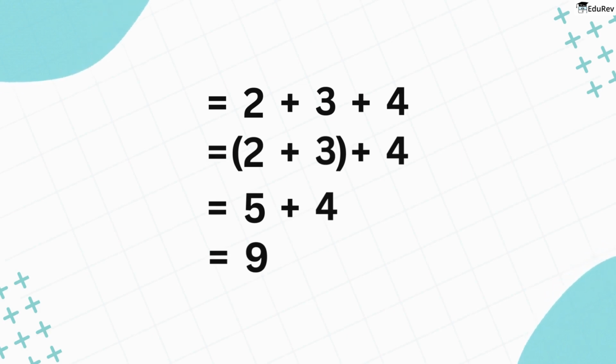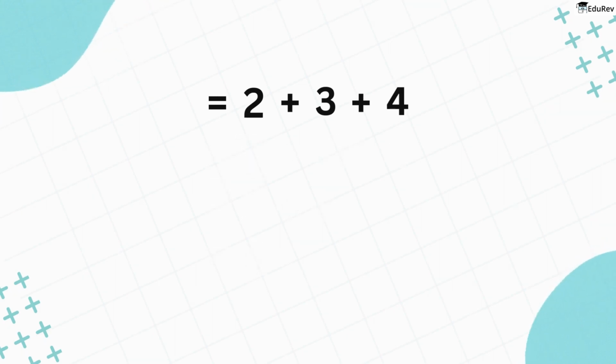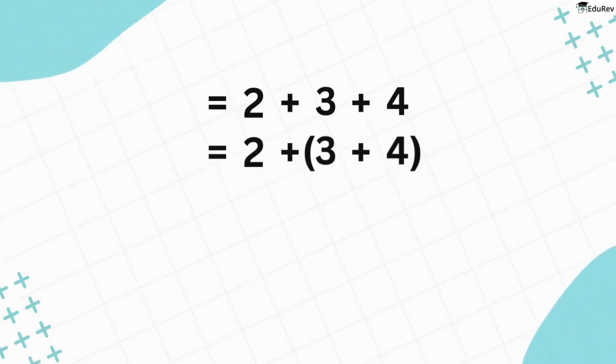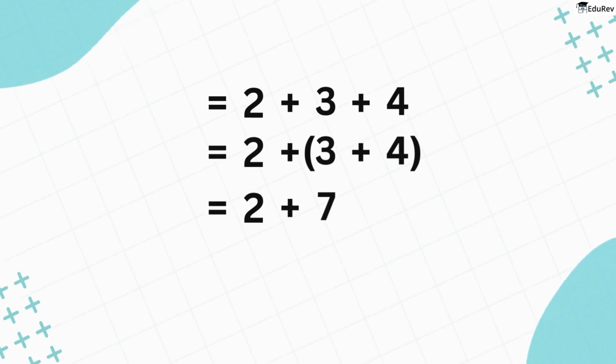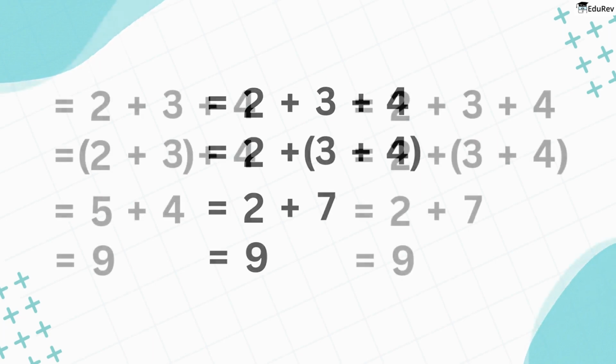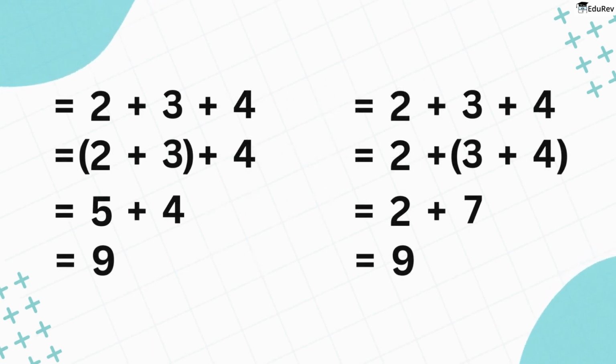Students, let us now regroup the other numbers, that are 3 plus 4. So we will now add 2 to the sum of 3 and 4, which equals 2 plus 7. So we get 9 as our answer. This means that no matter how we group the addends, the sum remains the same.